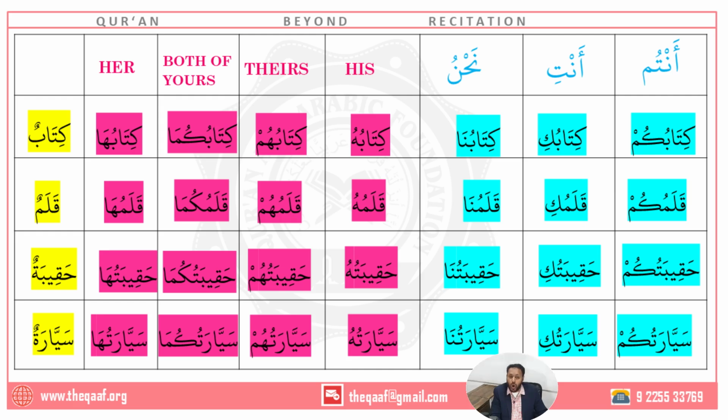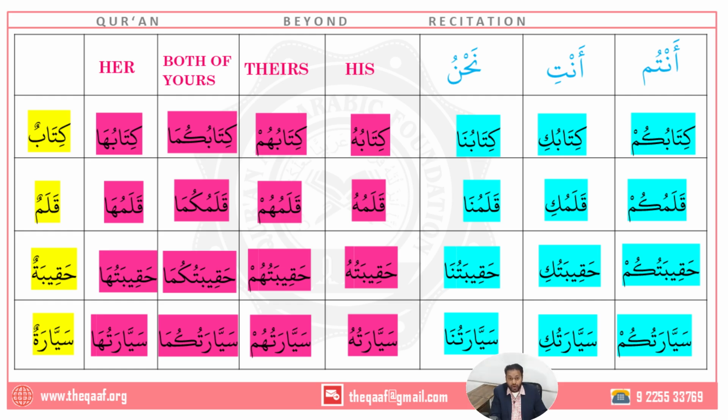Hakibatun ha would be wrong. Hakibatuha. Both of yours wallet? Hakibatukuma. Their wallet? Hakibatuhum.